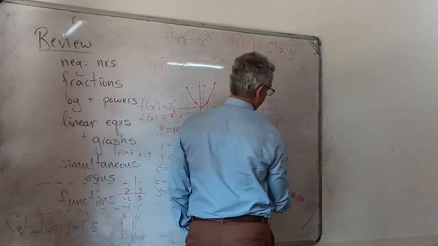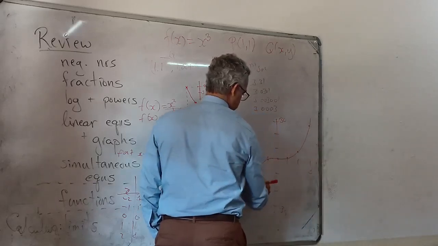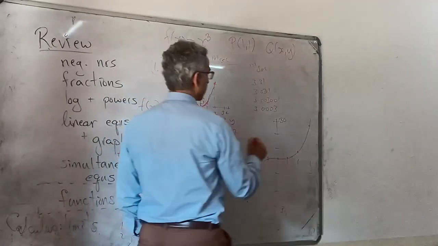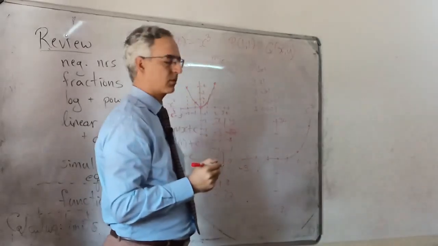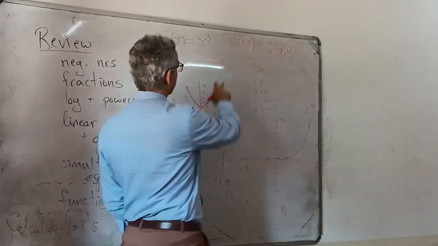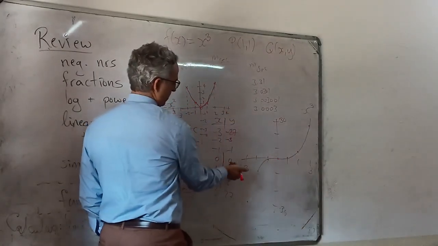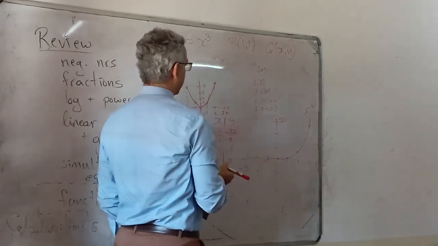Now if I join the points, it looks like that. So this is our graph of the function x cubed. Okay? Now, we know the point 1, 1 is on the graph, which we can verify. So that's this point here. And we're looking for the tangent.